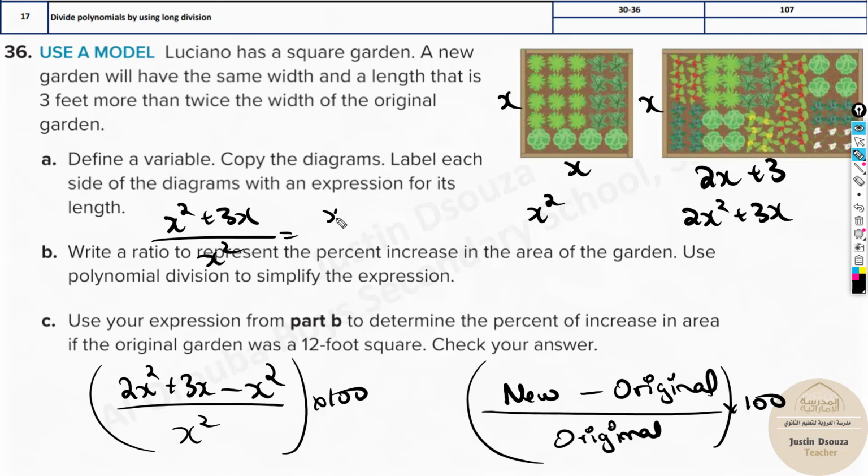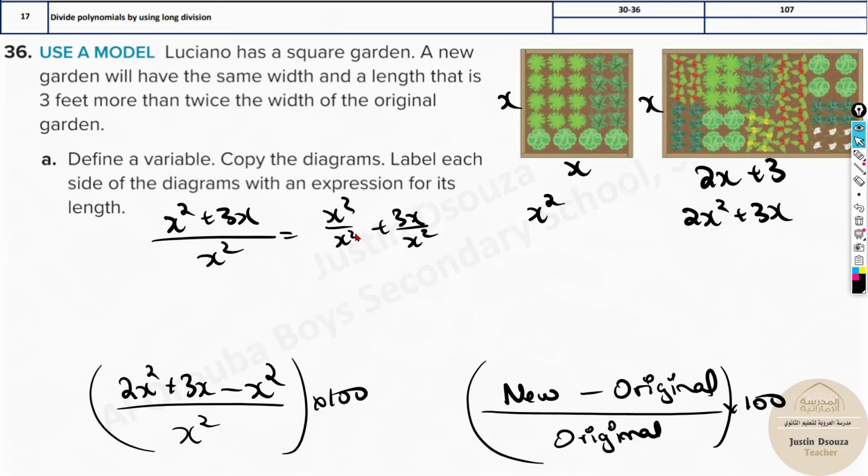Distributive property. This is x squared by x squared plus 3x by x squared. Let's just go to a blank spot. Okay, this is blank. Over here, you're doing this, and then it'll be 1 because x squared by x squared, plus 3 by x, the whole times 100.